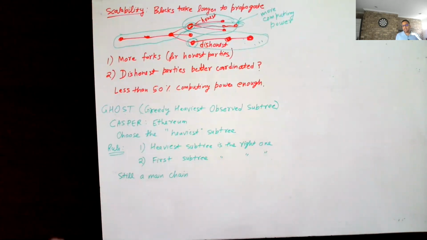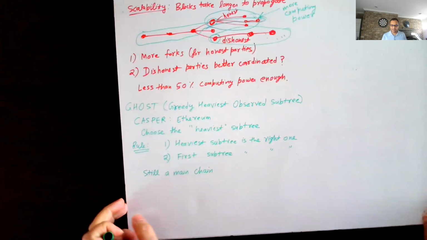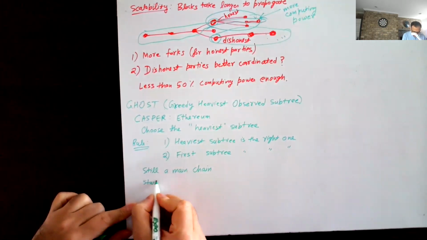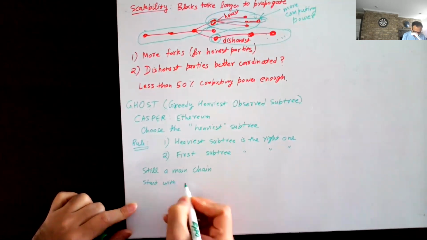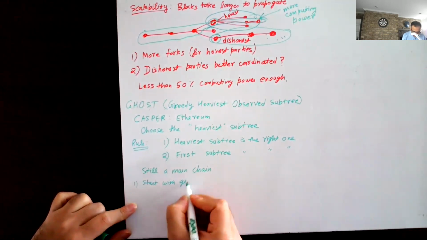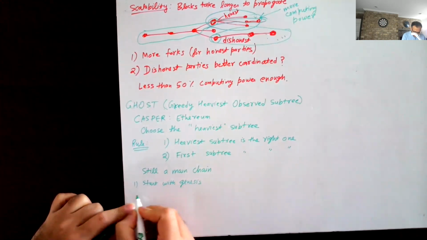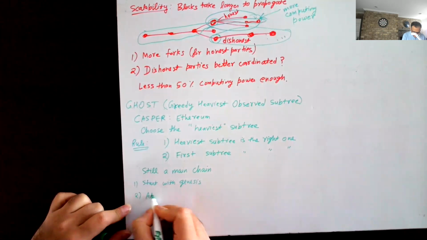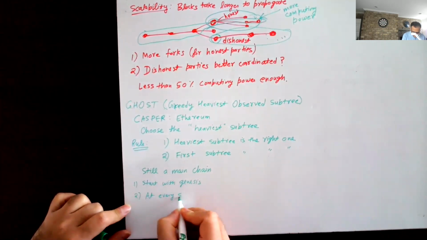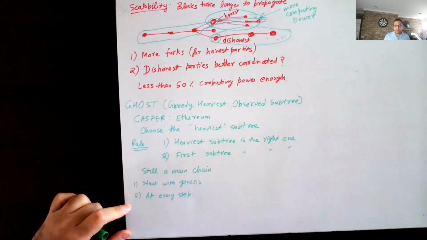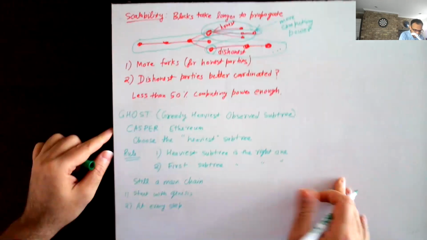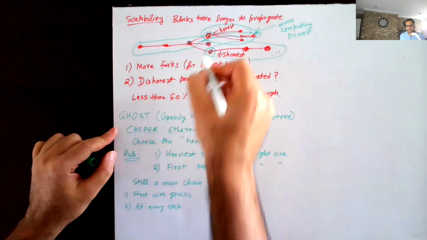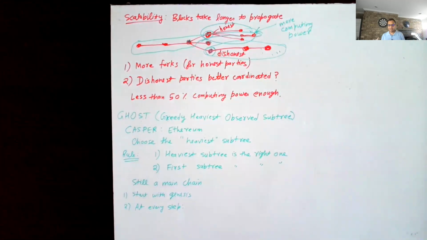So how do you decide the main chain? What is the algorithm for deciding the main chain? You start with the genesis block, and then at every step, maybe you encounter multiple possibilities. So for example, let's say here you see three possibilities. You just see which one is the heaviest.